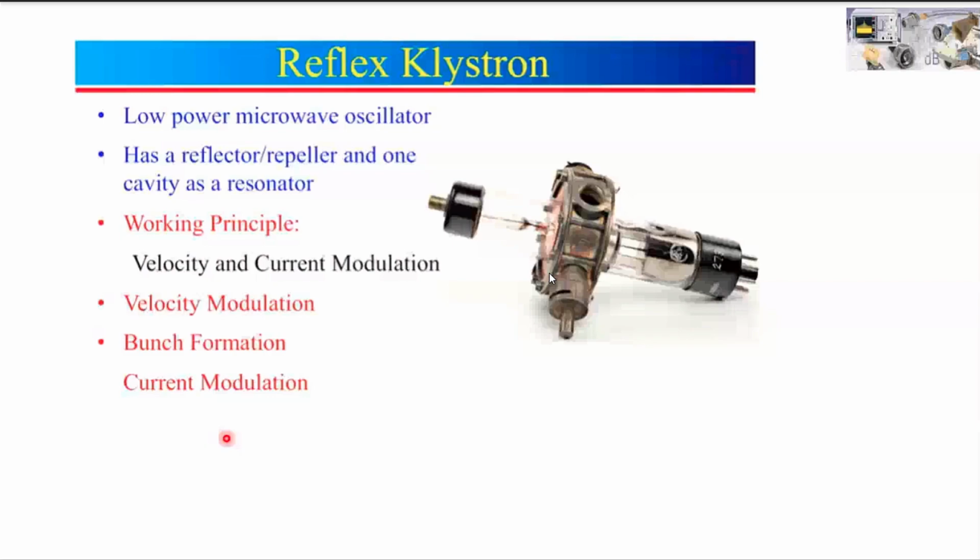As you can see, this is a reflex klystron, the practical device given here. As we have seen, the two cavity klystron is an amplifier, but the reflex klystron is an oscillator.